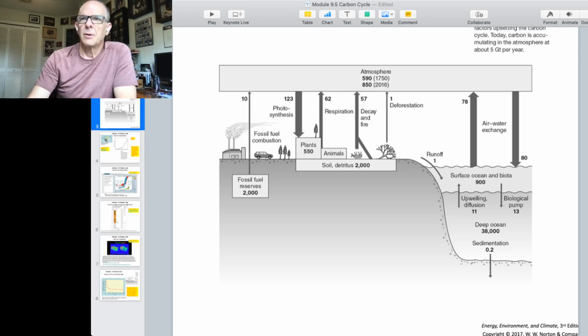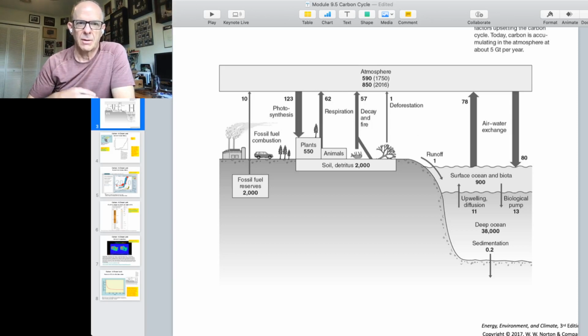And you'll see that all these arrows show that burning fossil fuels is not the only way that carbon goes into the atmosphere. So on the far left of the figure, we see the fossil fuel reserves. That represents not the resource, but the reserves that we know about that we can make use of at the current time. Fossil fuels is 2,000 gigatons of carbon buried underground, and we're burning that stuff.